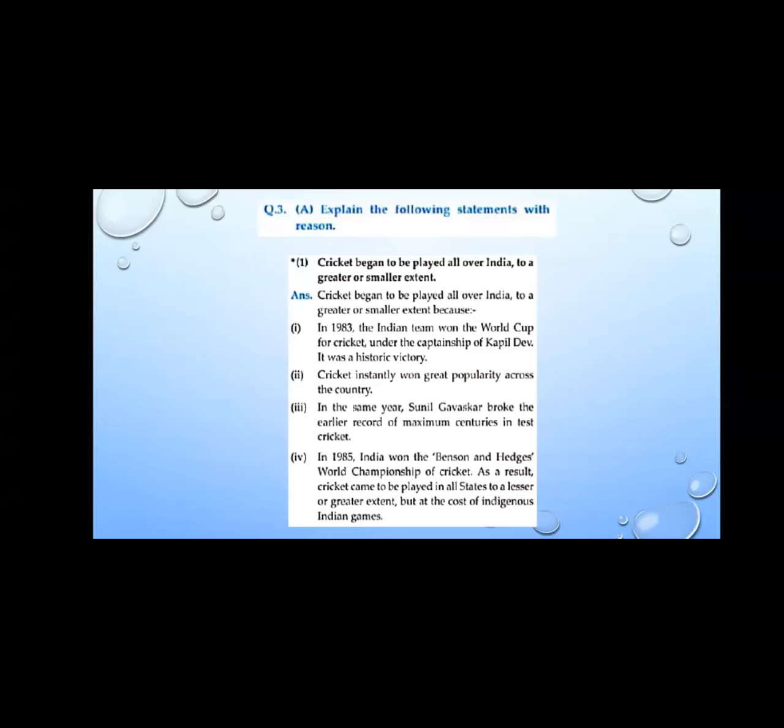Third point, in the same year, Sunil Gavaskar broke the earlier record of maximum centuries in Test cricket. Fourth point, in 1985, India won the Benson and Hedges World Championship of Cricket. As a result, cricket came to be played in all states to a lesser or greater extent, but at the cost of indigenous Indian teams. So these are the relevant points you need to mention for the answer.